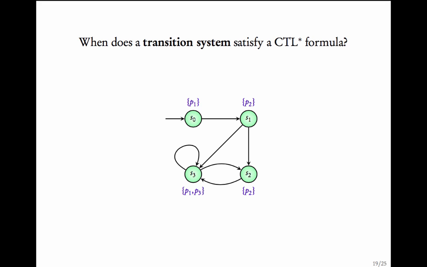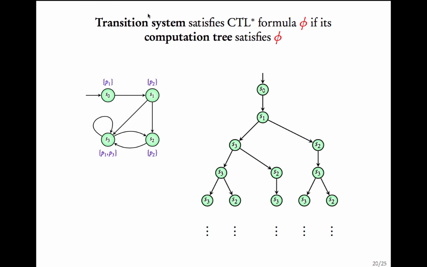Given a transition system and a CTL star formula, when do we say that the transition system satisfies the CTL star formula? Easy. The transition system satisfies CTL star formula phi if its computation tree satisfies phi. That means you have to evaluate the CTL star formula on this initial state, on this root, and if the formula is true on this tree, then this transition system is said to satisfy the CTL star property.